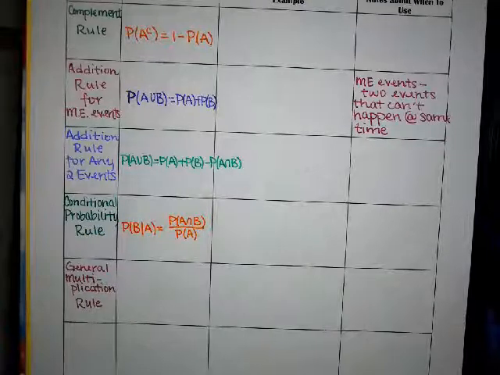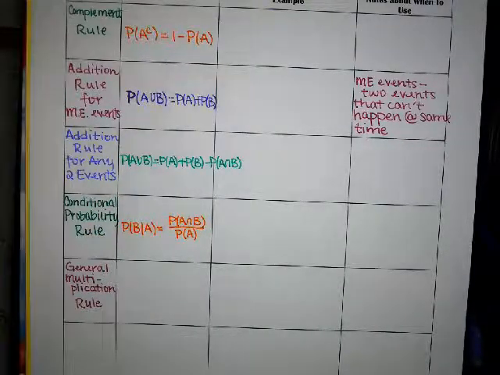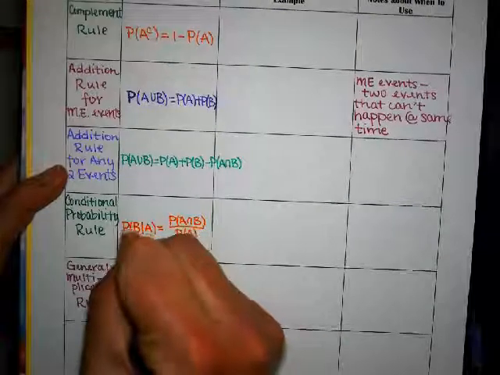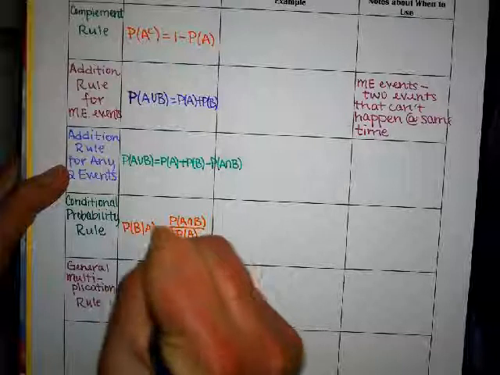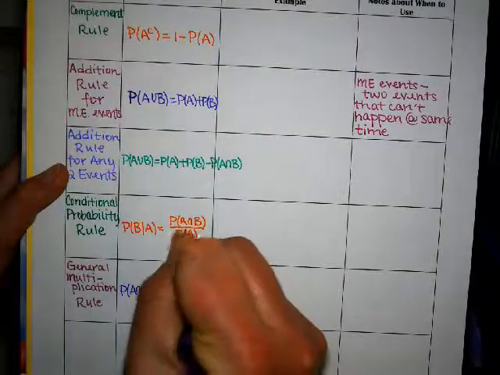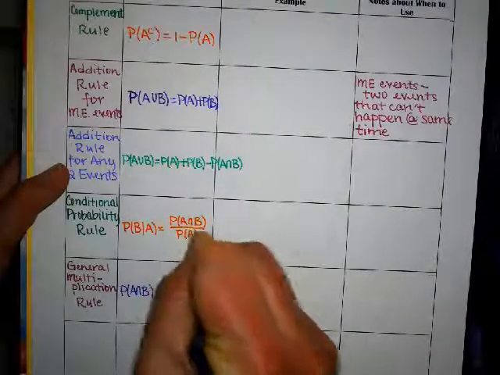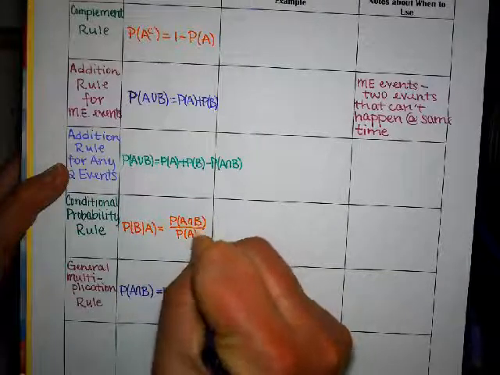And the general multiplication rule told us that the probability A and B happens can be found by taking the probability of B given A times the probability of A.